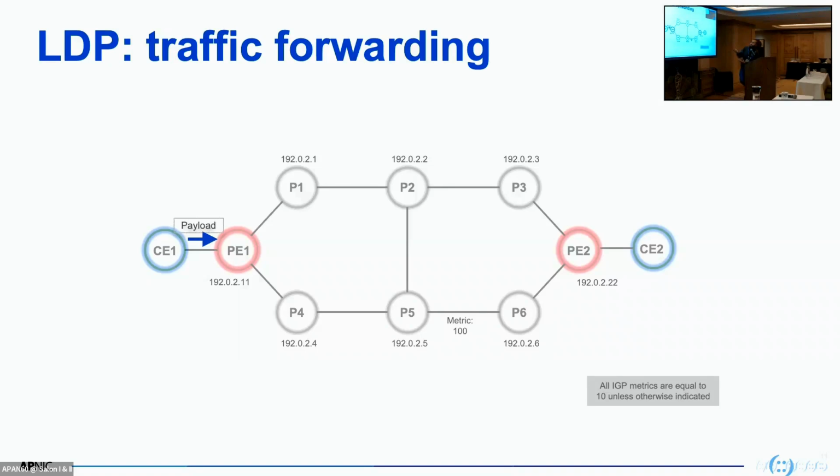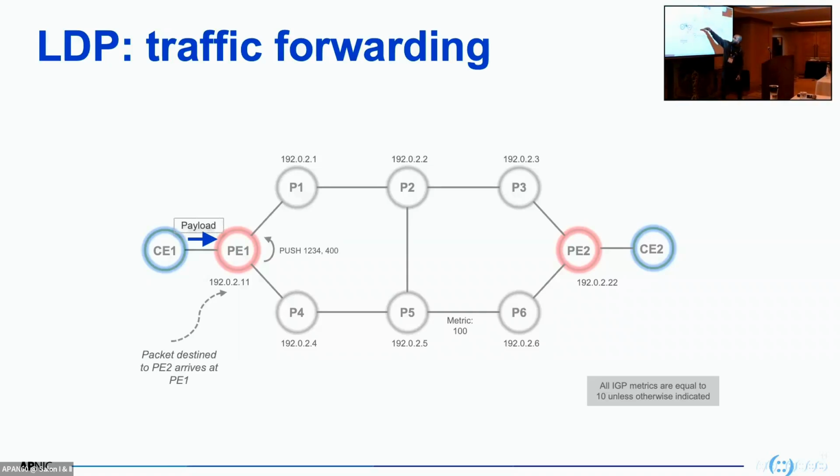When the packet comes and wants to go to CE2, you see that PE1 is the first router in the MPLS domain. That means it needs to create the level switch path with the levels in between layer 2 and layer 3. So basically it will push 2 levels now, because there is the top level and the bottom level, and it will be easy to understand with this one.